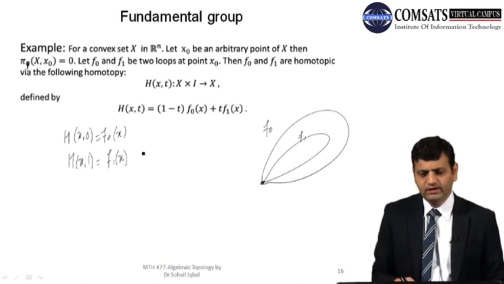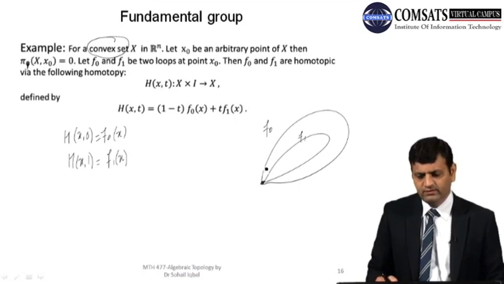So why is this possible and where are we using the condition that the set is convex? Basically these paths are following straight lines. For each and every value of t, we use a straight line to deform this point to this point, and a straight line to deform this point to this point. So we are using straight lines to deform one path into another path, and this is convex.